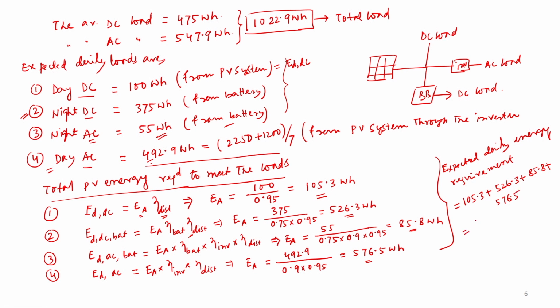So, this will be equal to 1293.9 watt hour. Fine. This is the EA value.